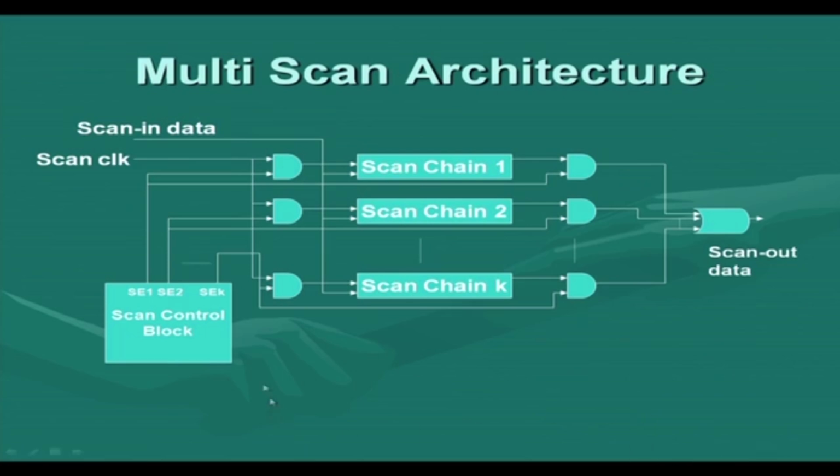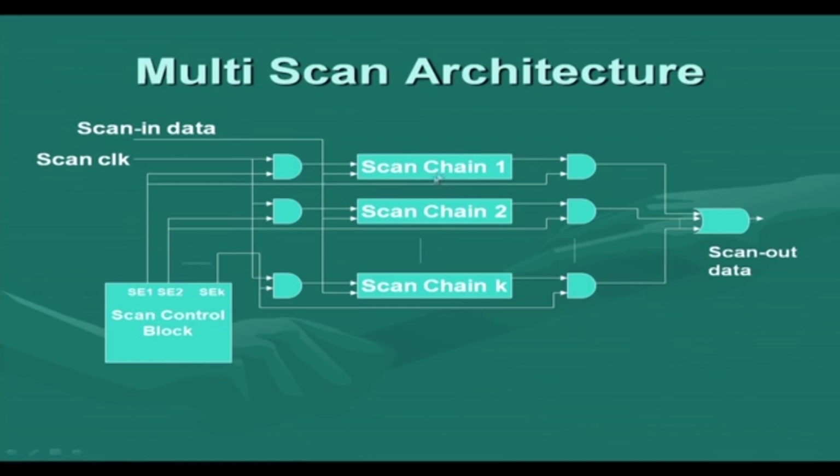What is happening is that this scan control block actually selects one of the scan chains, and then the scan chain data is loaded into it. Now, it can be a broadcast scan or serial scan. For broadcast scan, all these select inputs will be made equal to 1, so whatever scanning data is coming will get loaded to all the scan chains. Or it may be a serial one, which will be loaded one after the other.